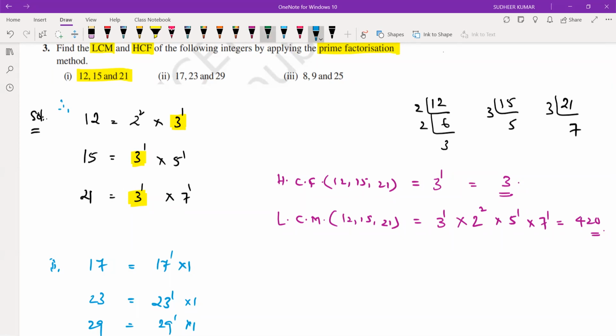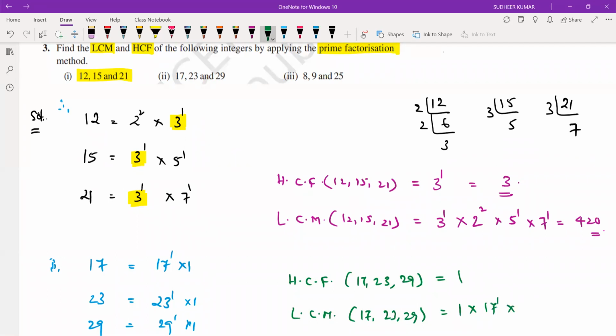So the HCF of these numbers is 1. And LCM: 1 into the remaining all, 17 power 1, 23 power 1 and 29 power 1, we should multiply.